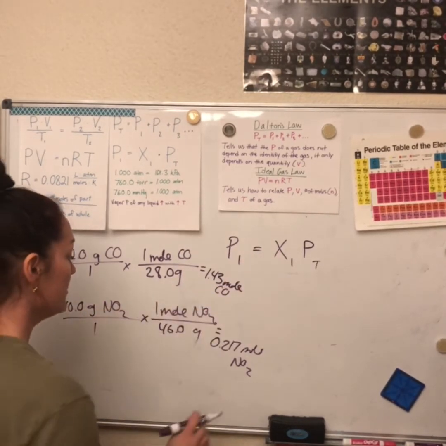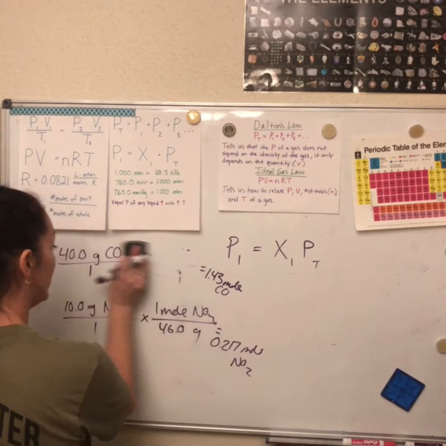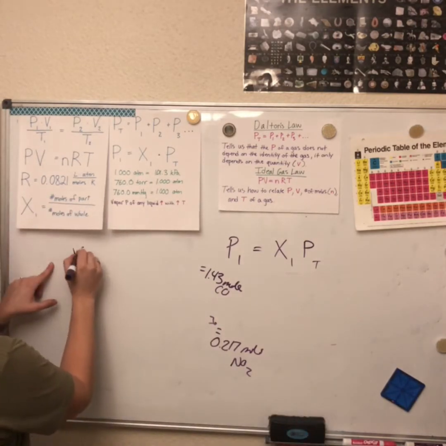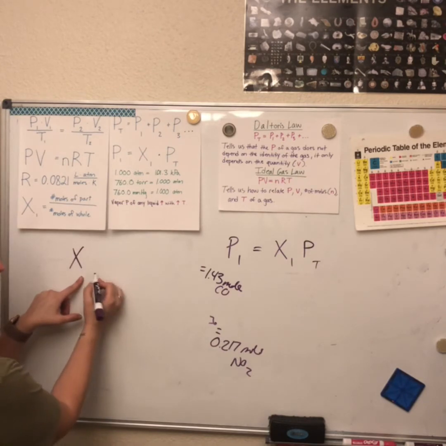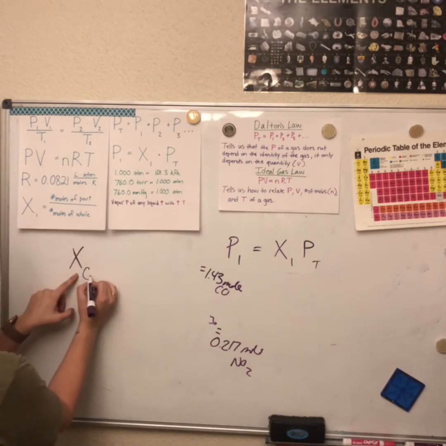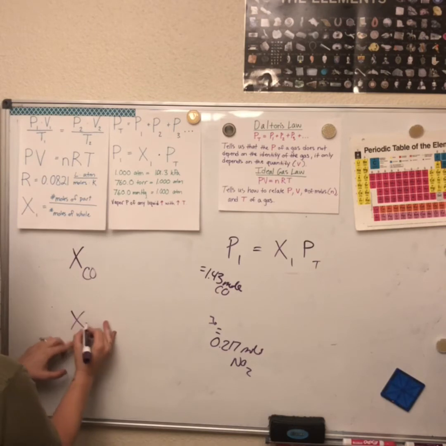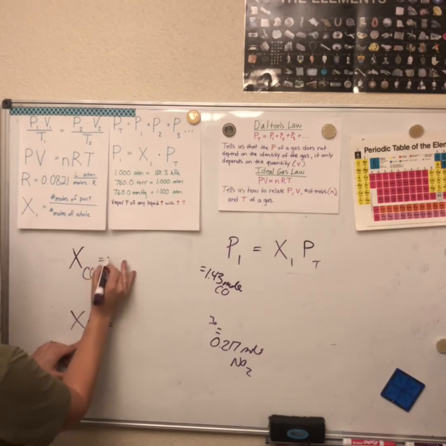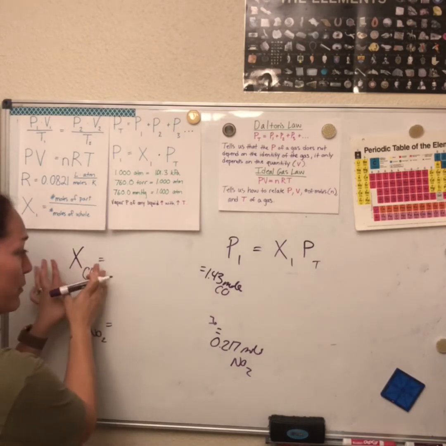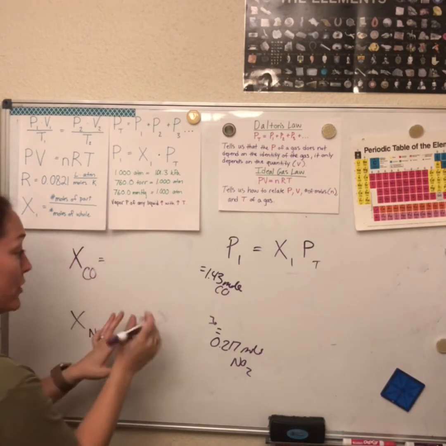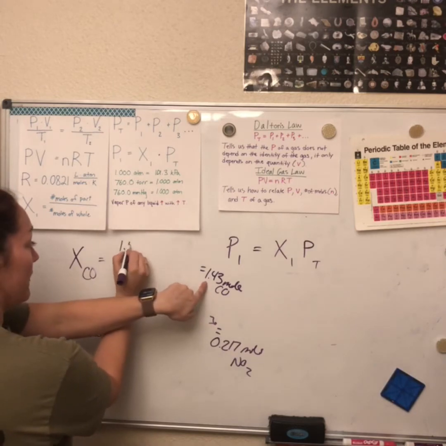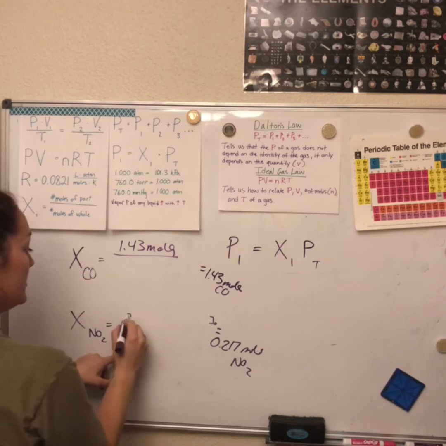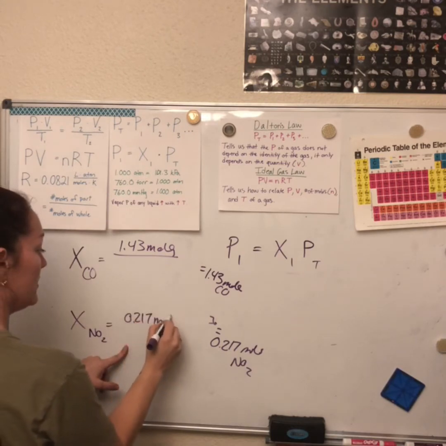Okay? So that is going to help us come up with the mole fraction. So I'm going to go ahead and erase this part, keep our numbers there because we're going to need them. So I'm going to make sure I keep track of my labeling. I want the mole fraction for this one, CO, and the mole fraction for NO2. So remember, it's just this portion, so this amount of moles over the total. So I've got 1.43 moles, and I've got 0.217 moles.